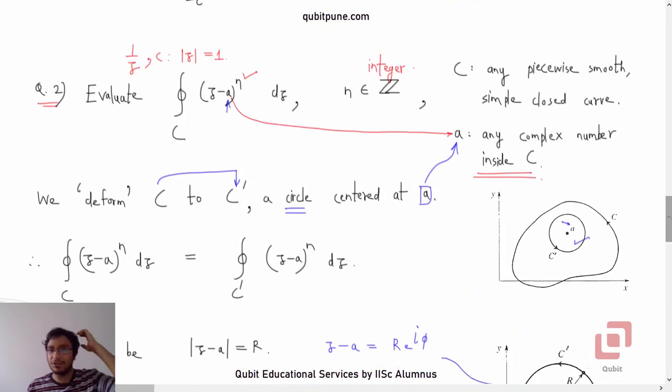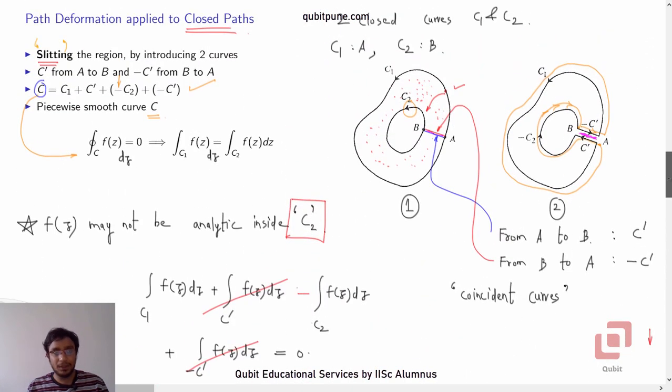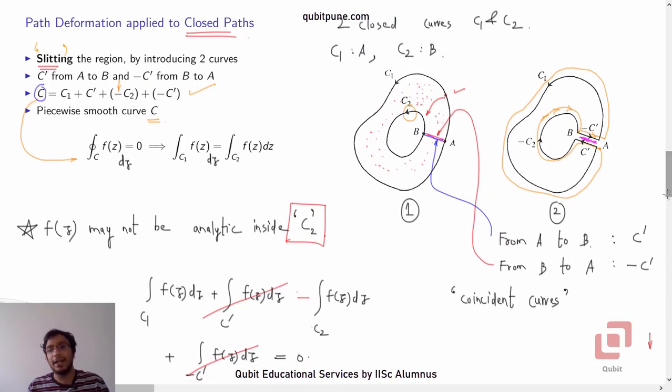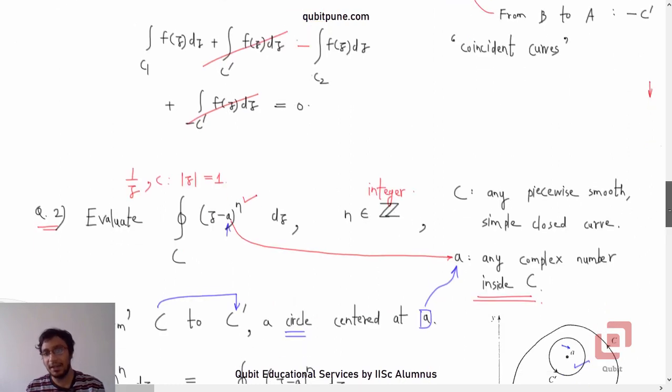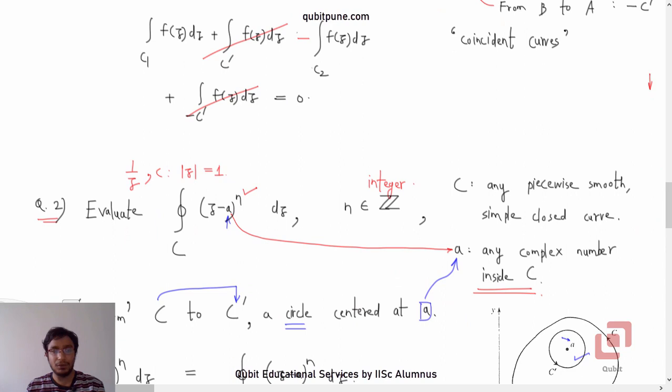Now in this problem we have actually made use of path deformation. We had any arbitrary closed path which was a piecewise smooth, simply closed curve, and we had a complex number A inside C, which we used to define our integrand. So this is a kind of special integral.